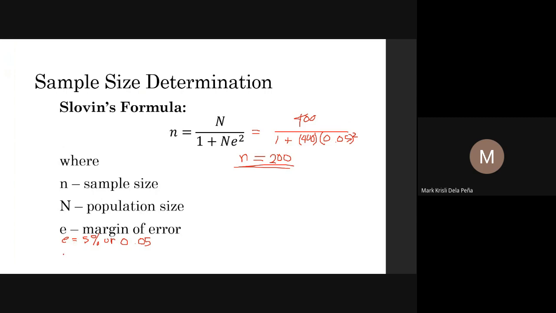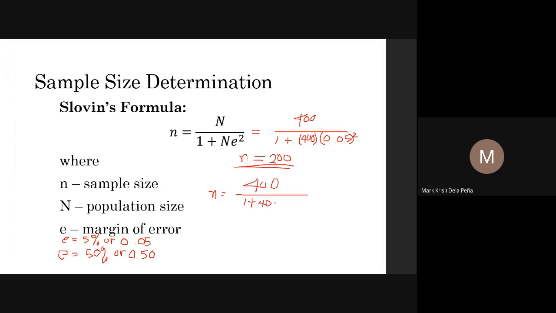Now, what if we have a 50% margin of error? Again, we convert it to decimal. That's 50 divided by 100, so we have 0.50. What will be our n if e is equal to 50% or 0.50?